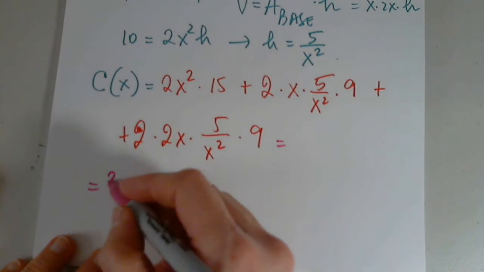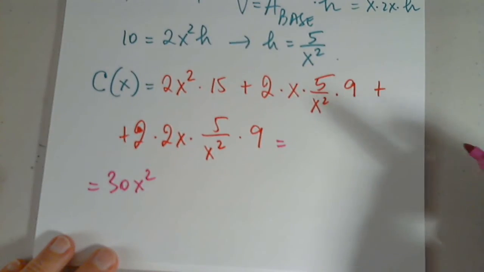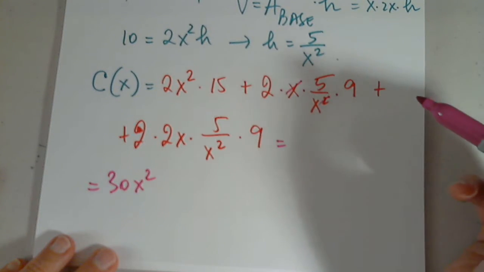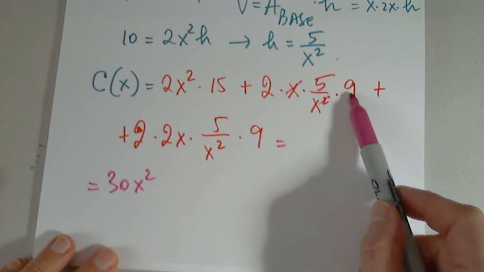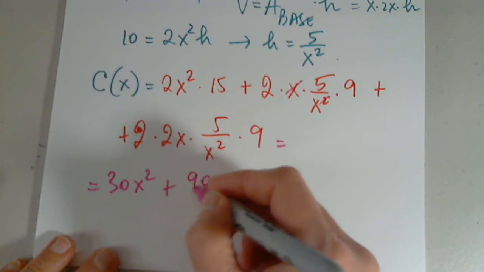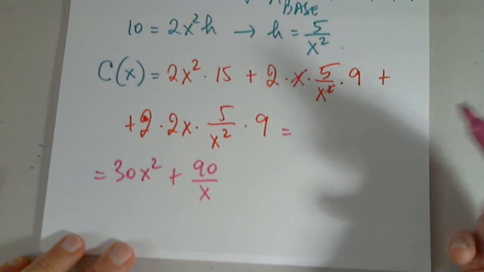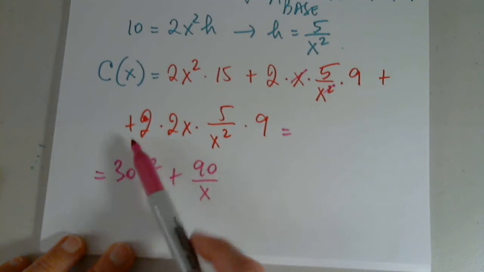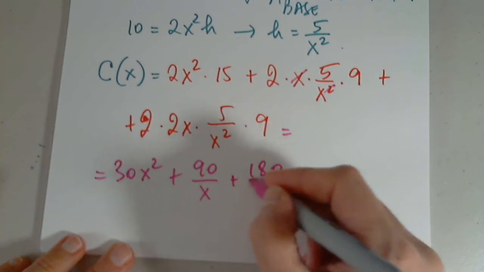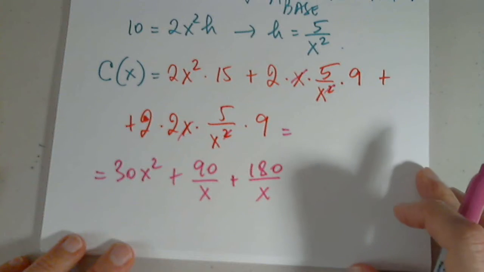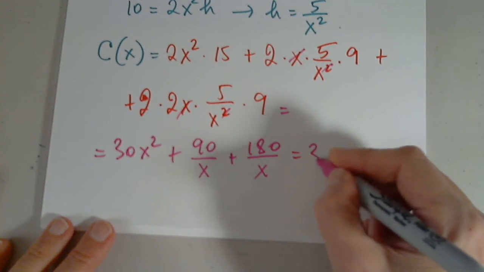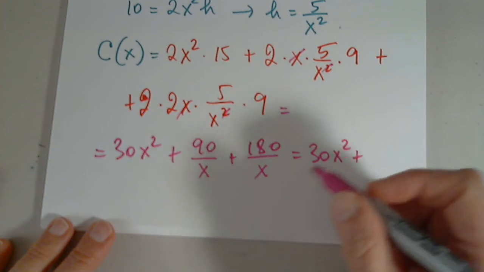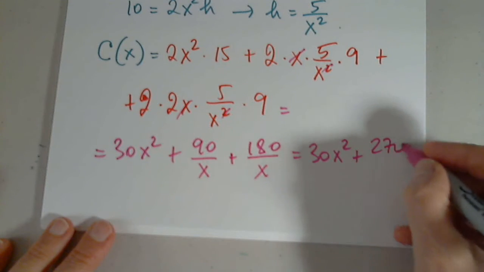So this is 30x squared. So here I simplify, and I get 10 times 9, which is 90 divided by x. And here I have 90 but times 2. So this is plus 180 divided by x after I simplify an x. So finally, I have 30x squared plus 270 over x.